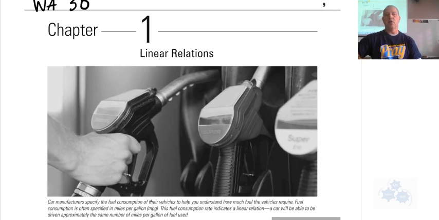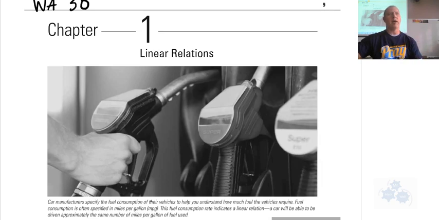But fuel consumption, vehicles. If you have a certain mileage for your vehicle, so let's say your vehicle is pretty good on gas, it gets 30 miles to the gallon. Let's say that's pretty good. If you know how many gallons your tank is, you have an idea of how far you can go. Does that make sense?